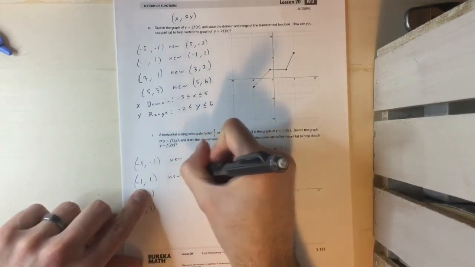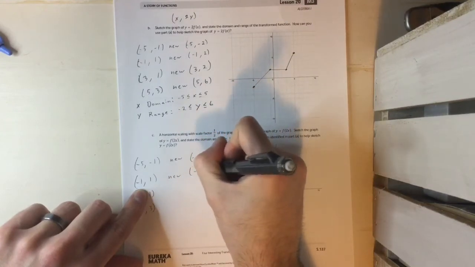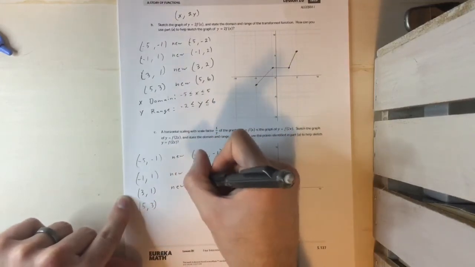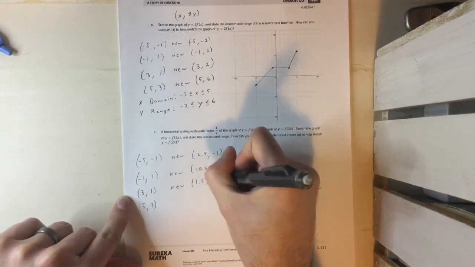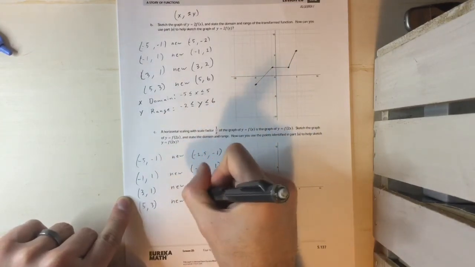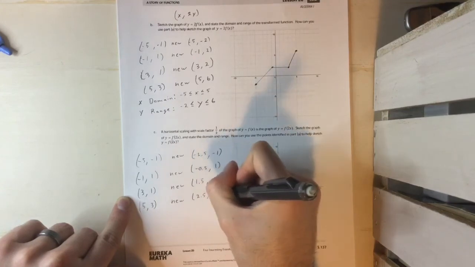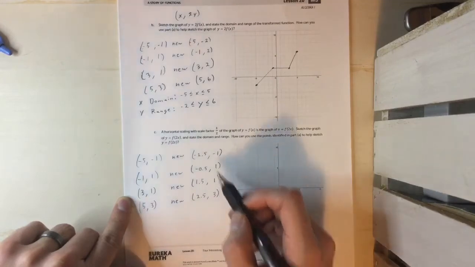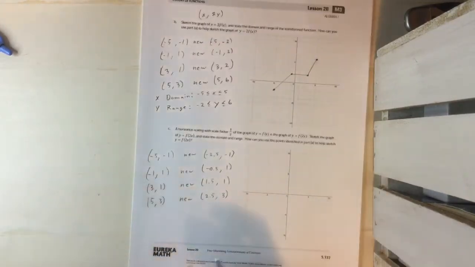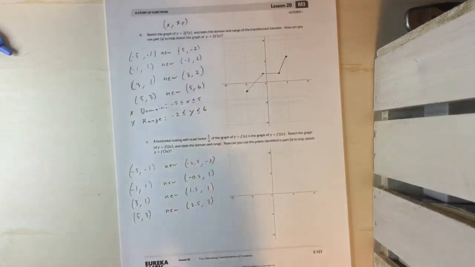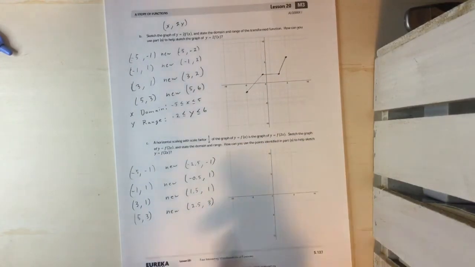Our new one would be -0.5, 1. Our new one for 3 is going to be 1.5, 1. They didn't like to put even numbers on here. Our new one for this is going to be 2.5, 3. So we did nothing to our y values. They stay the same, but our horizontal scale is now shrinking because we're multiplying by a factor of a half. If you remember the first page, that means it's going to be shrinking, getting smaller. Even though it's a 2 out there, it's kind of deceptive.